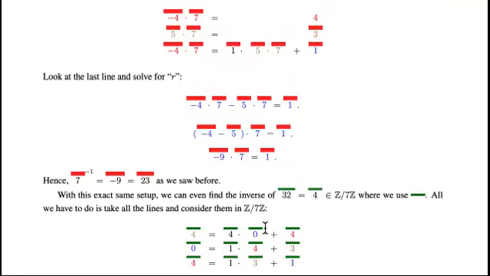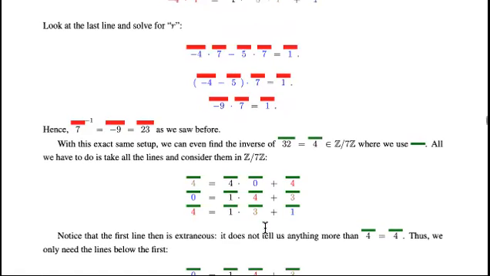All right, now we're going to reverse this. We're going to look at 32 bar, which is the same as 4 bar in mod 7 arithmetic. Notice how we changed the color from red to green. That's because this red was mod 32, and the green is mod 7.